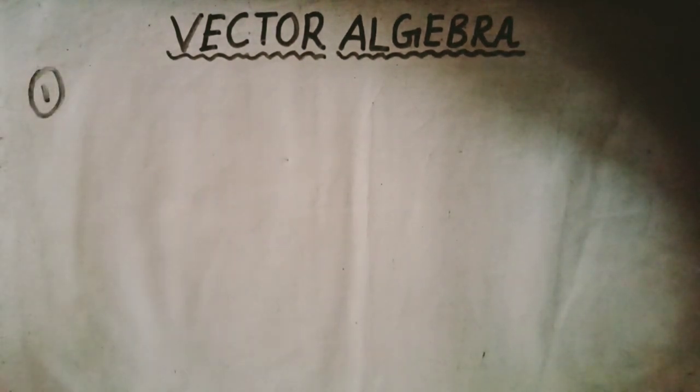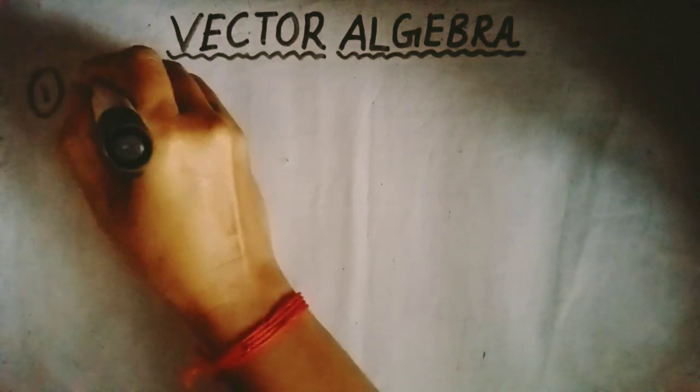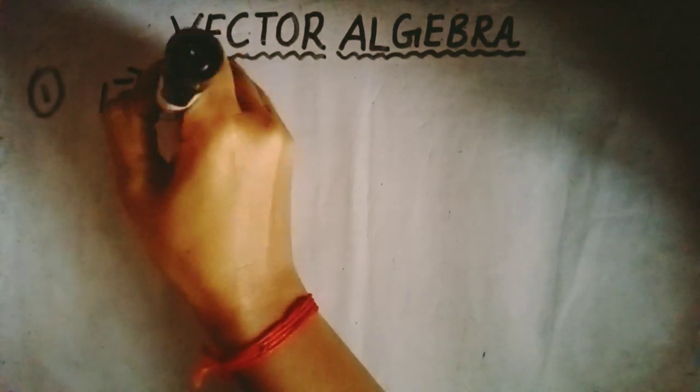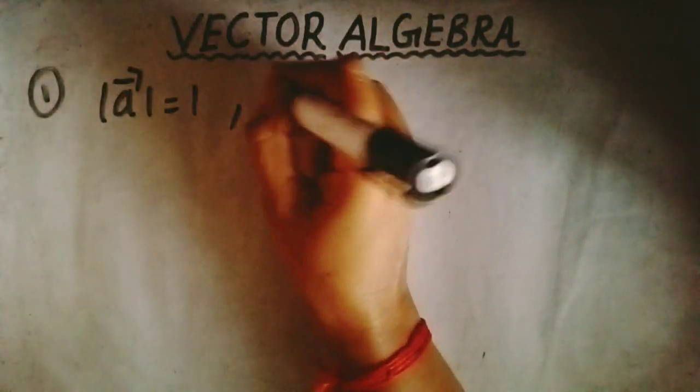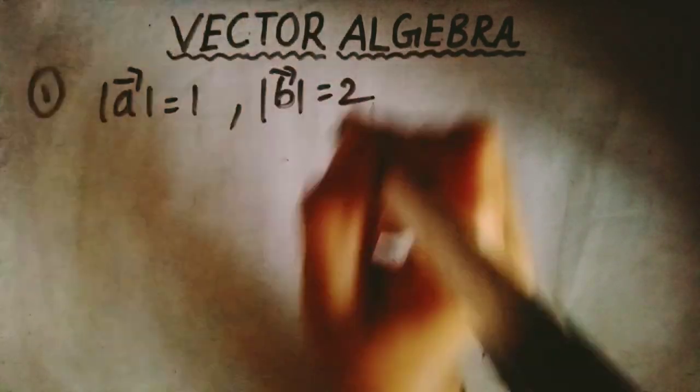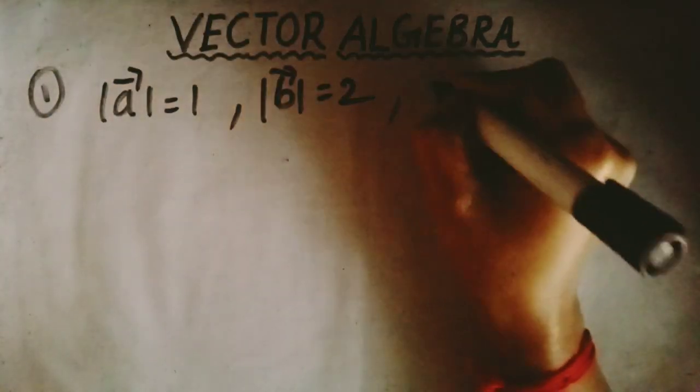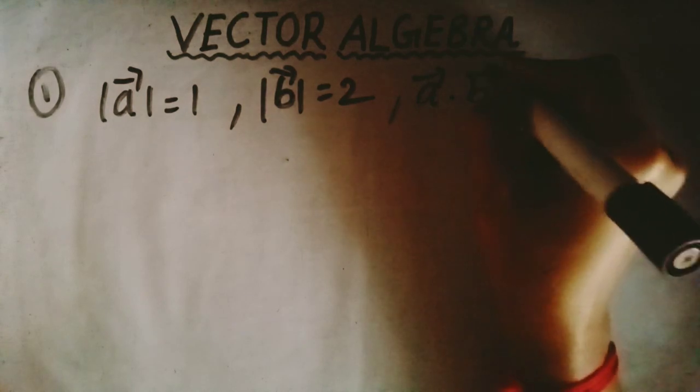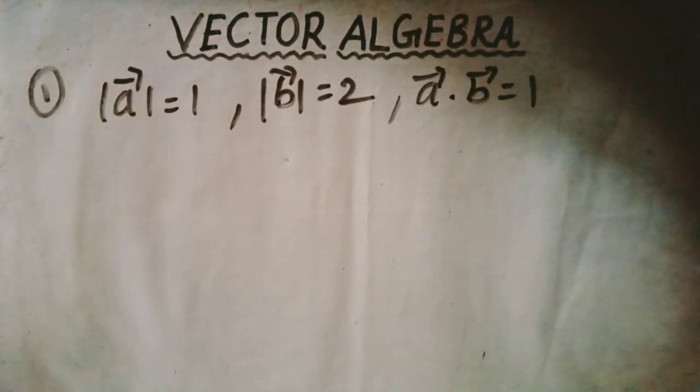Okay, let's solve some questions. Find the angle between the two vectors A and B with magnitudes. Magnitude of A is given and magnitude of B is given, and A dot B, that is dot product, is given, which is 1.